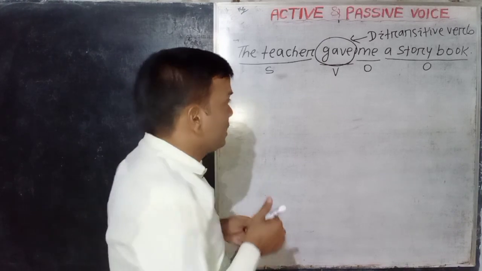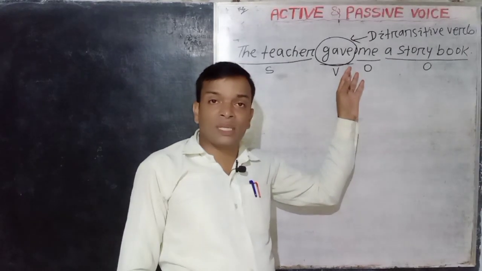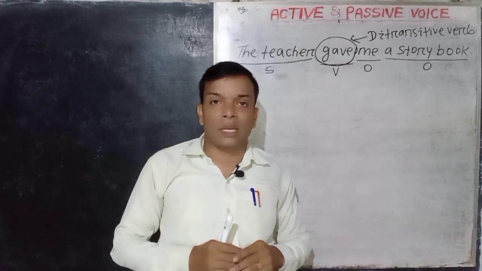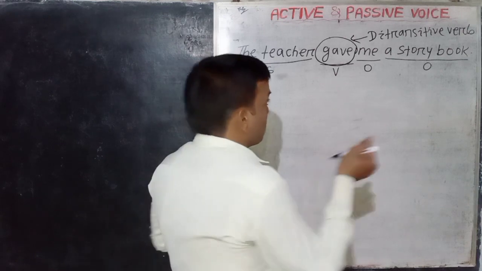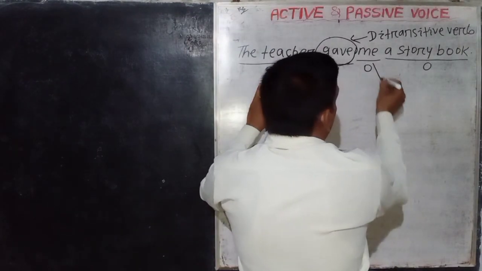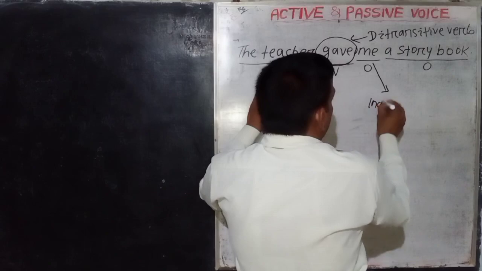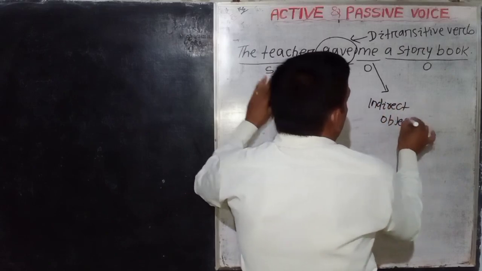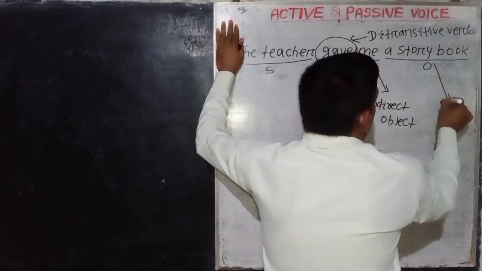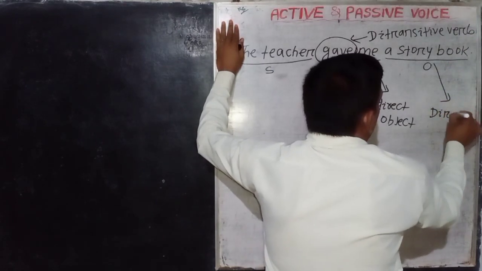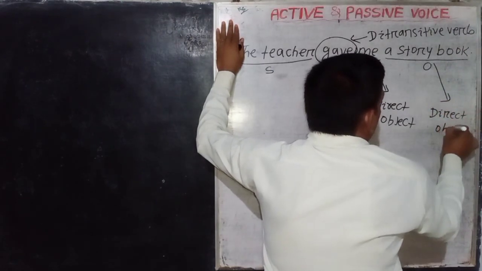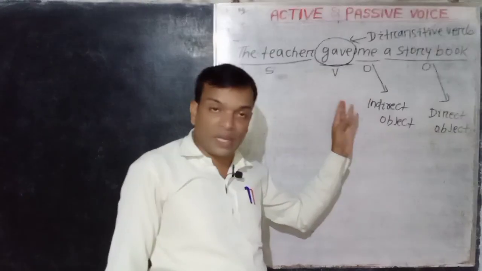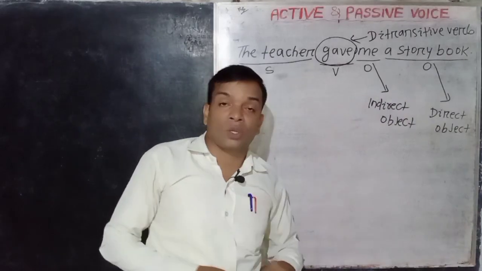And see, as there are two objects after this verb, two passive sentences are possible. Clear? Here me is called the indirect object, and a storybook is called the direct object.